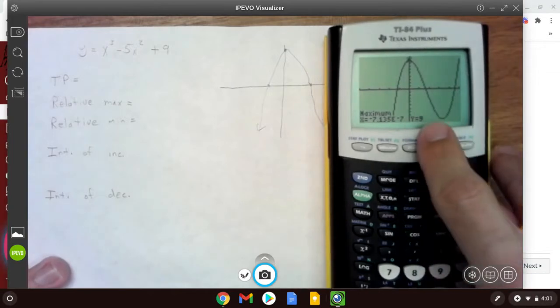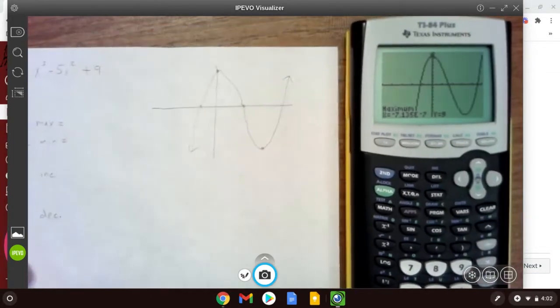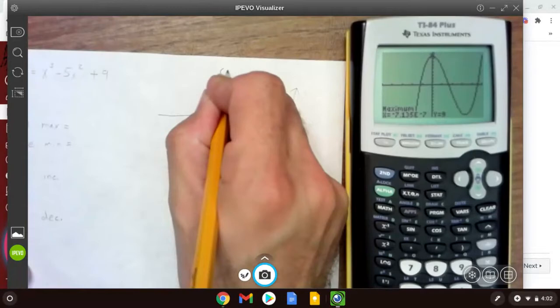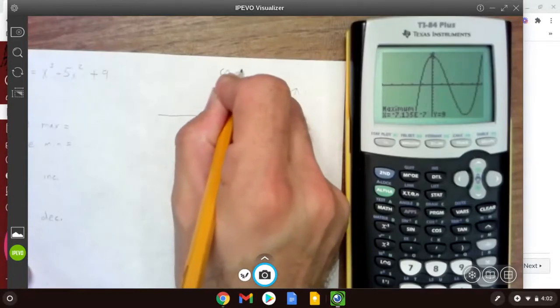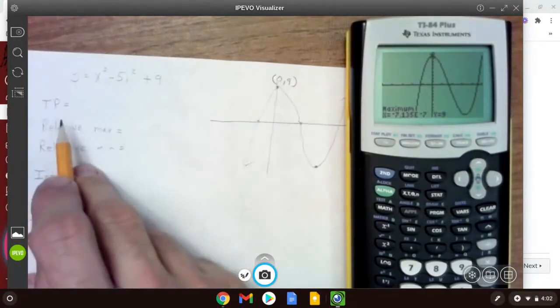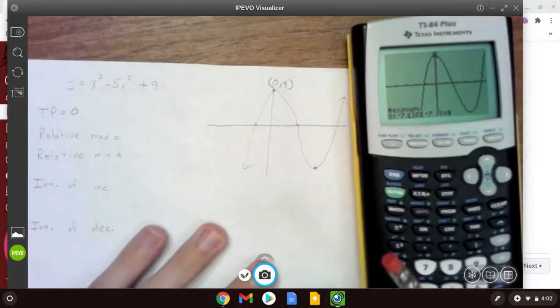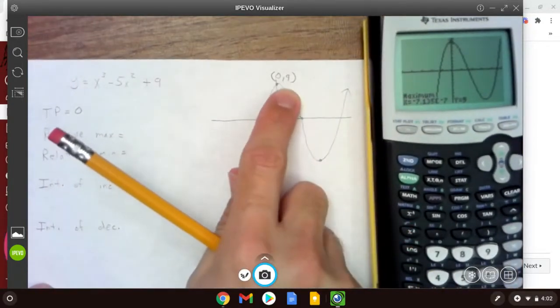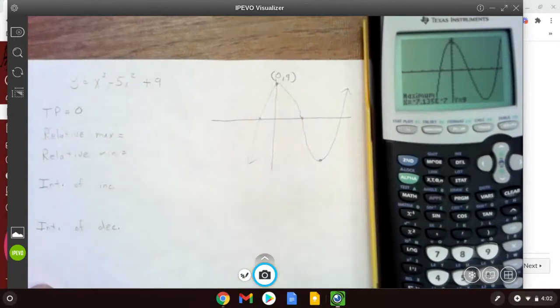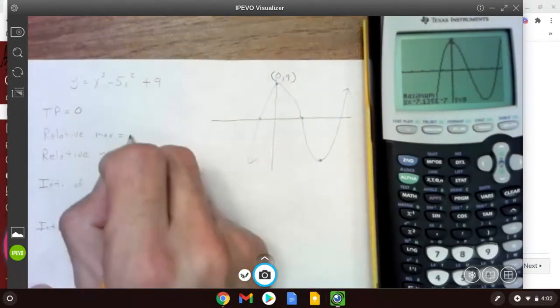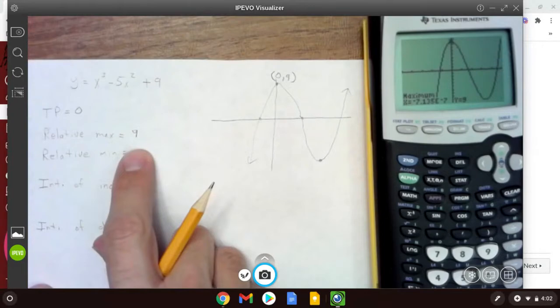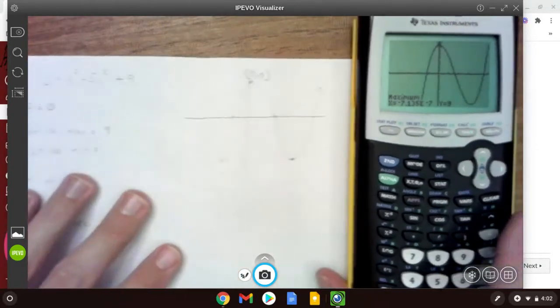And the y value there is 9. So I'm going to label that 0, 9. One of my turning points is 0, and that's actually my relative maximum, because it goes from up to down. The maximum is just the y value at the turning point.